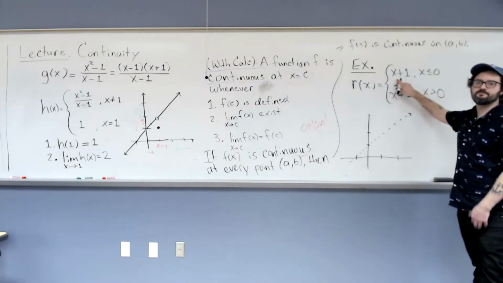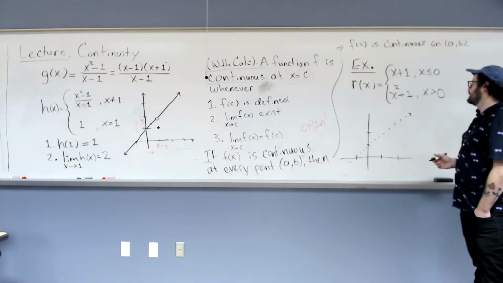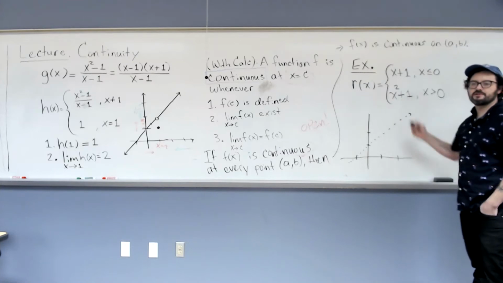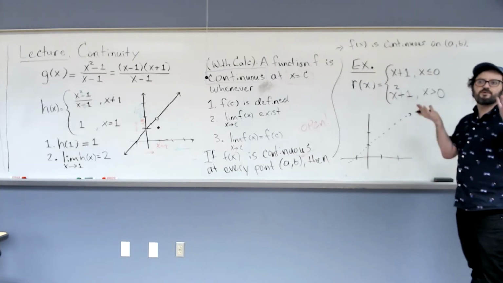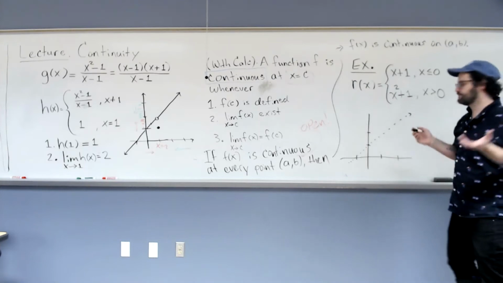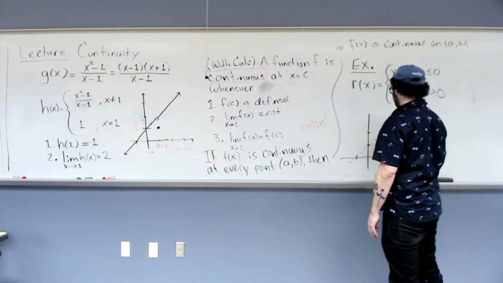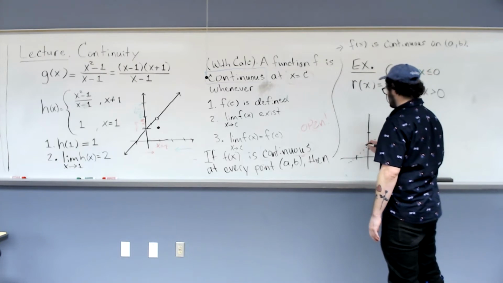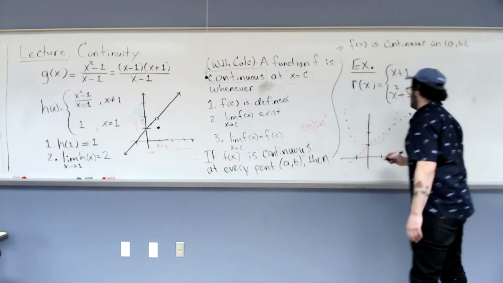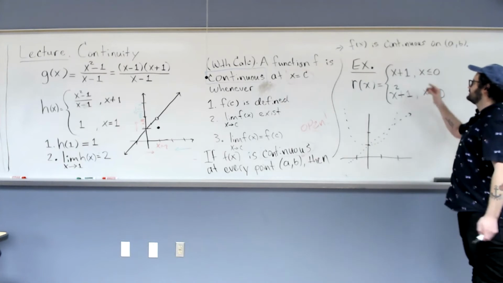That's x plus 1. And then x squared plus 1 is the parabola lifted up by 1. Right? So lifted up by 1. It's like this.